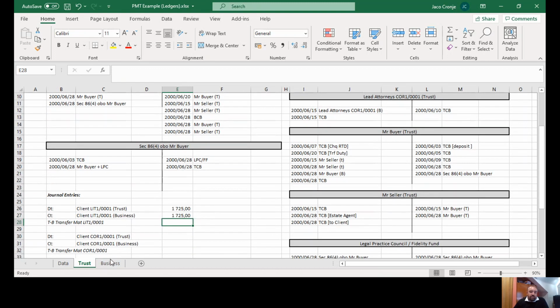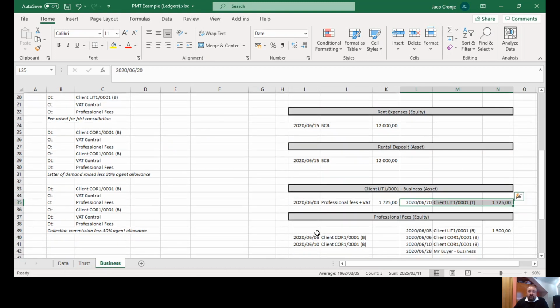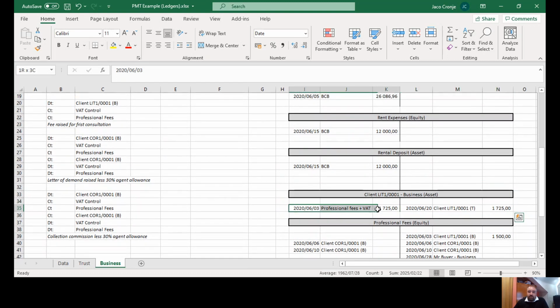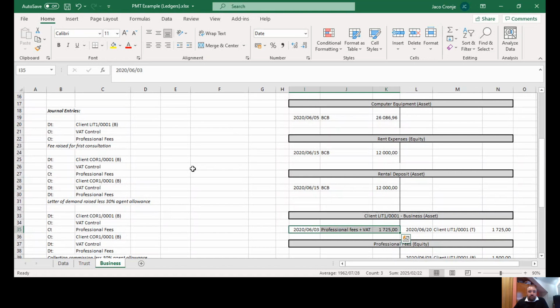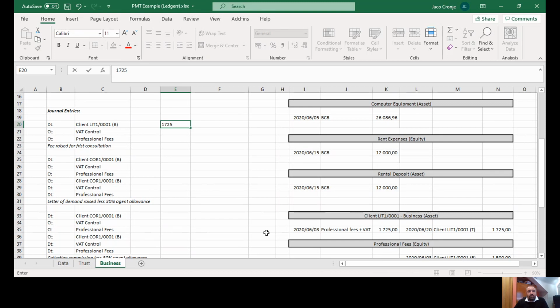I'm just going to quickly backtrack to the fee that we did, the fee on this. So I actually forgot to go back and do the journal. So to go back and do the journal, I've simply got to ask myself, what did I debit? I debited client LIT1 with 1725. What did I credit?